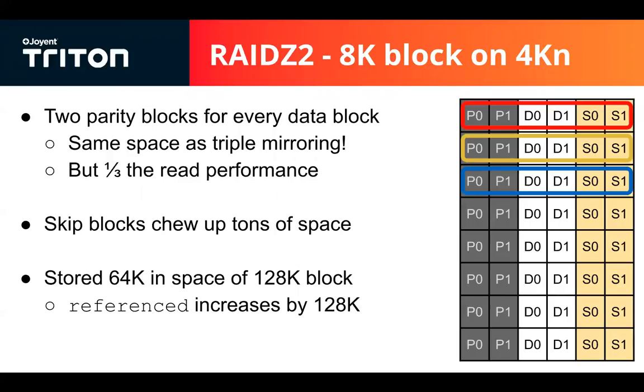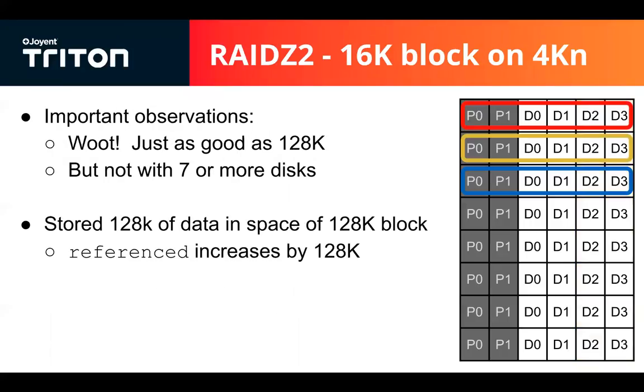So the 8K block example, the skip blocks come into play one more time, and we see that we wind up having two skip blocks, two data blocks, and two parity blocks for every 8K. So not a good situation again. The 16K is a much better situation.